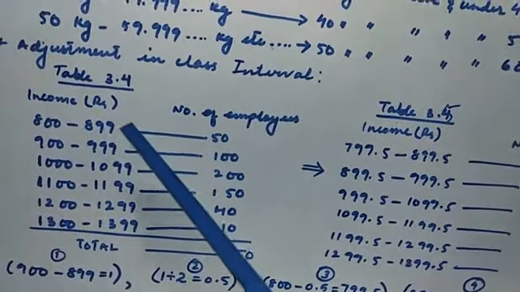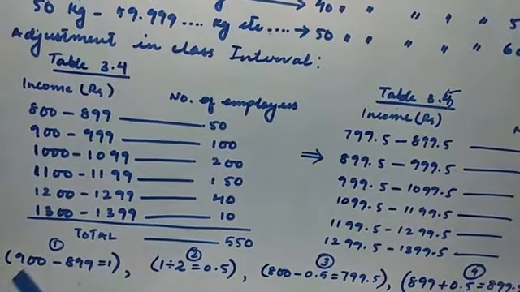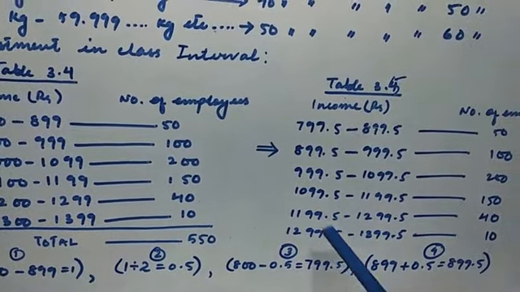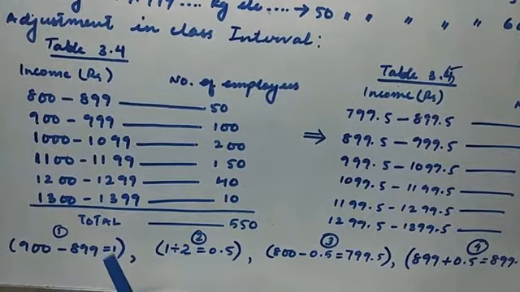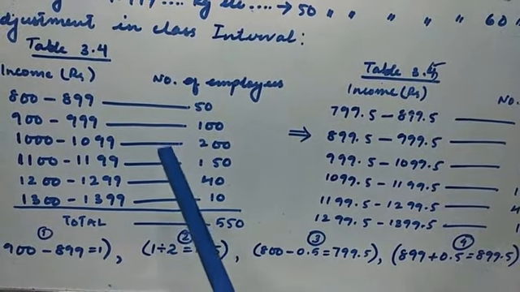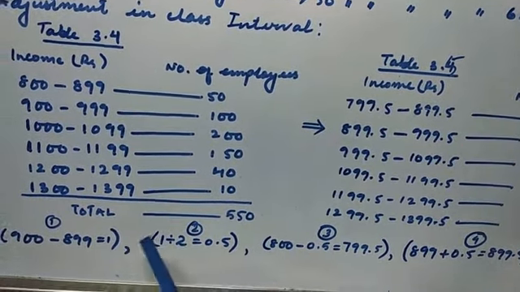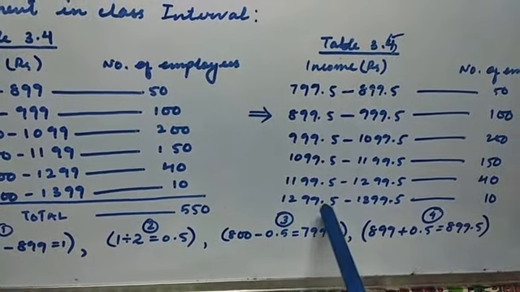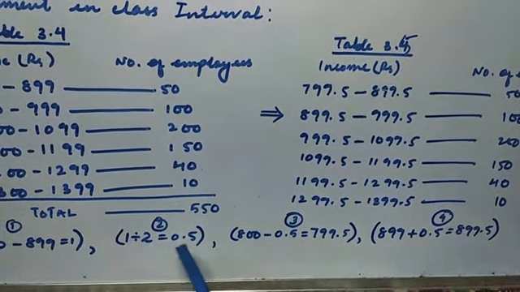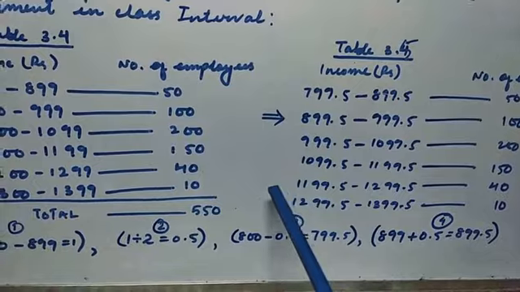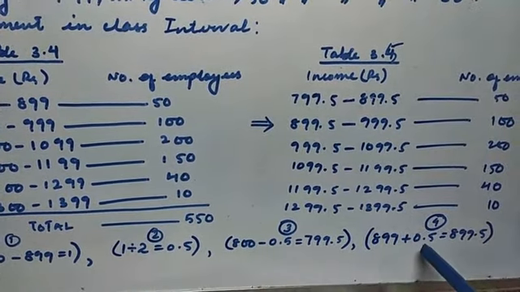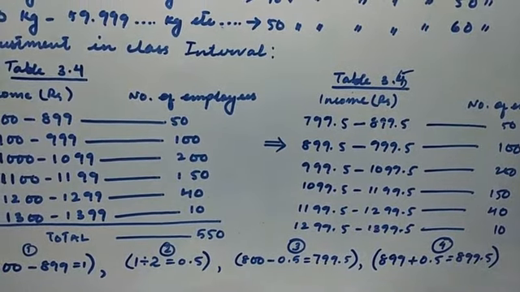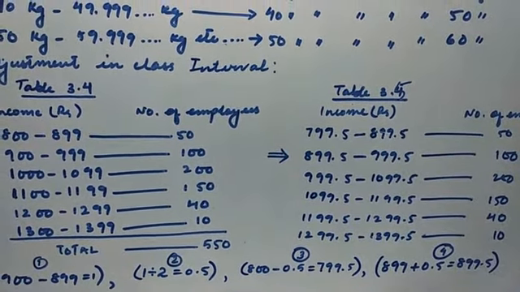So we have adjusted the class interval following these methods: find out the difference between the lower limit and the upper limit, divide by 2, then subtract the value obtained from all the lower class limits and add the same value to the upper class limits. That is how we adjust the class interval.